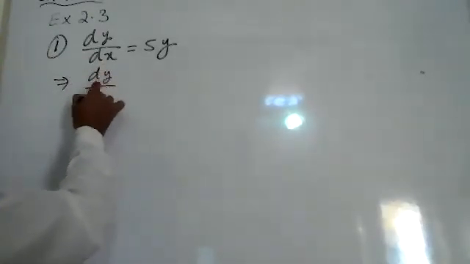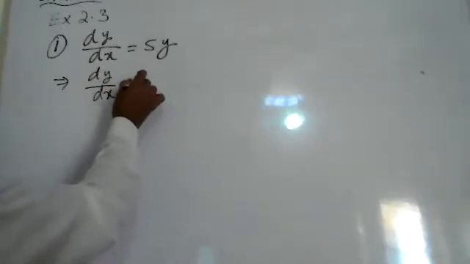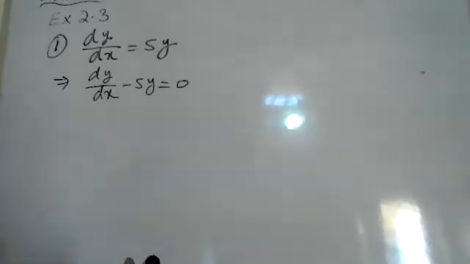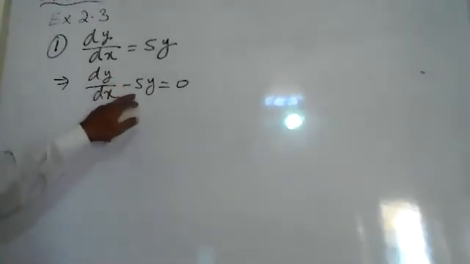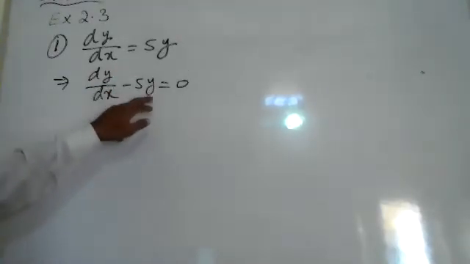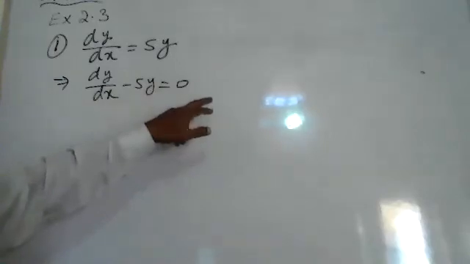So it will become dy upon dx minus 5y equal to 0. Now it is the standard form. On the left side is dy upon dx, the coefficient is 1, plus p of x into y equal to g of x. Here g equal to 0. Now we will find the integrating factor.